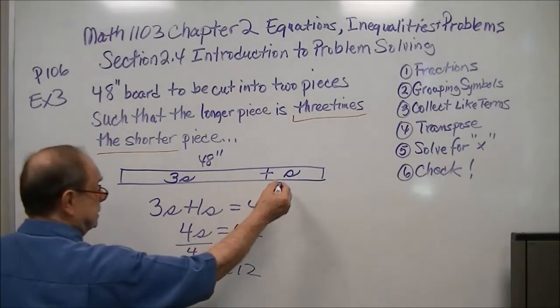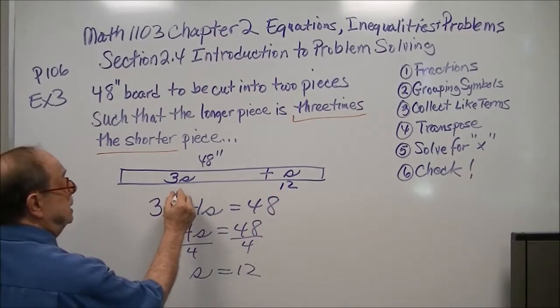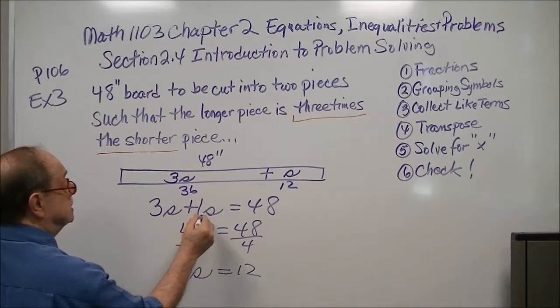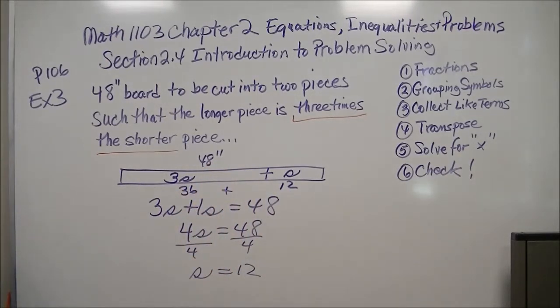So s is going to be 12, and 3 times s will be 36, and 36 + 12 = 48. Now, you might have been able to do this by just thinking and using empirical skills, but by doing the algebra, it allows you to use the techniques that are very useful when you get to more difficult examples.